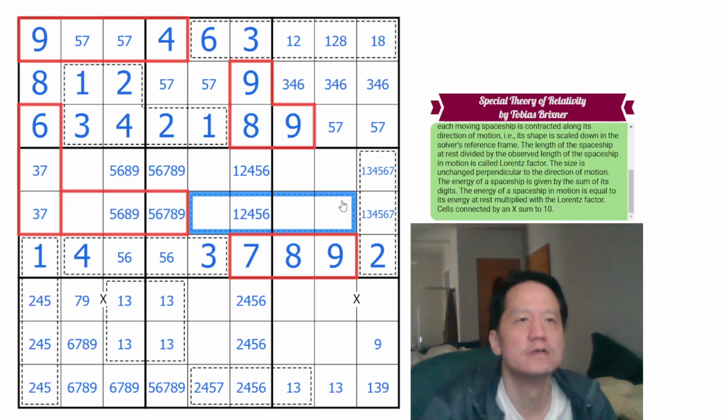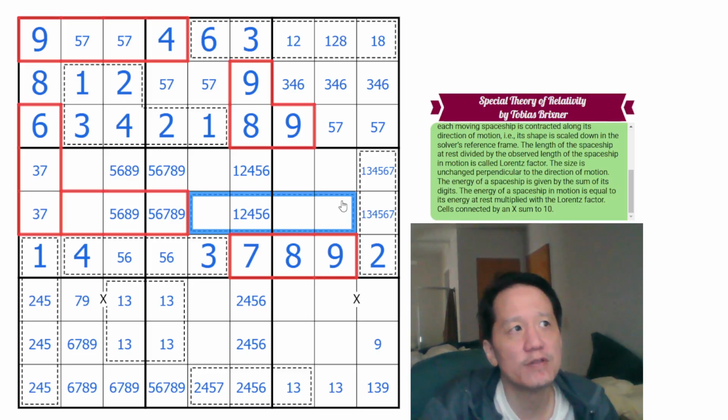Is that right? 18 divided by 3 is 6 times 4 is 24. So 18 plus 24 is 42.